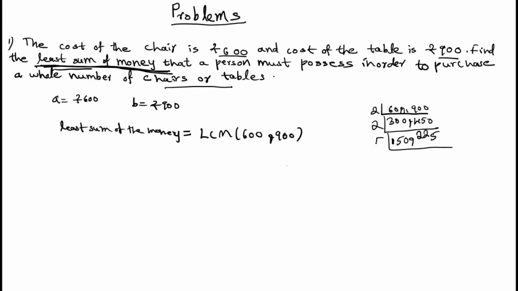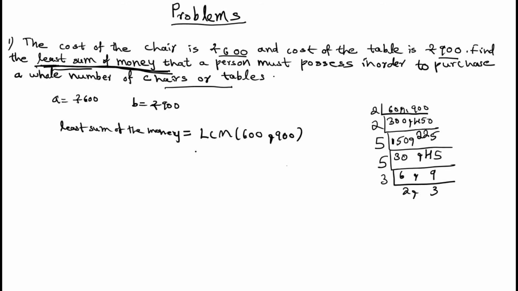Then I will take 5: 5 3s are 15, so 30 into 5 is equal to 150, 5 4s are 20, 5 5s are 25. Then again 5 6s are 30, 5 9s are 45. Then take 3: 3 2s are 6, 3 3s are 9. Okay, only this much is possible, right?